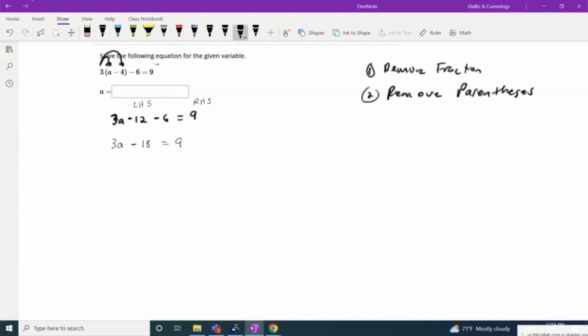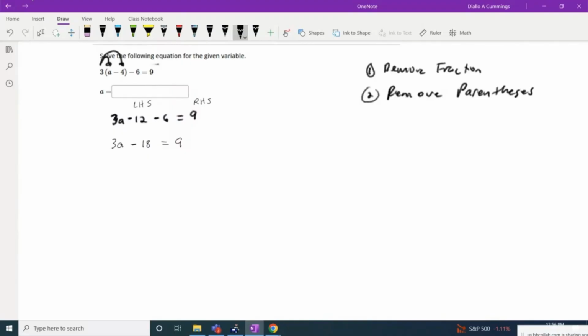And then negative 18 and this 9 are constants. I want to keep all my variables on one side, and I want to move all my constants to the other side. Since there's only one variable term, I'm going to let it stay on the left-hand side.